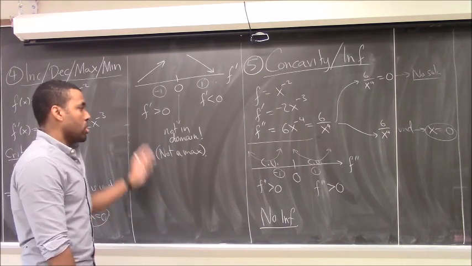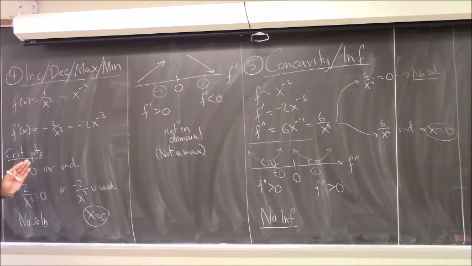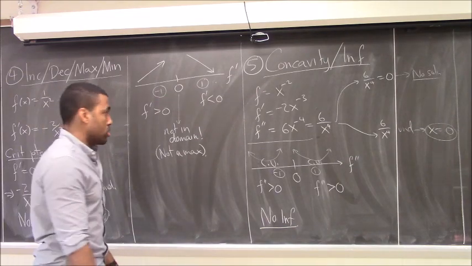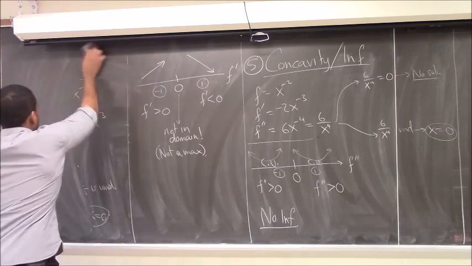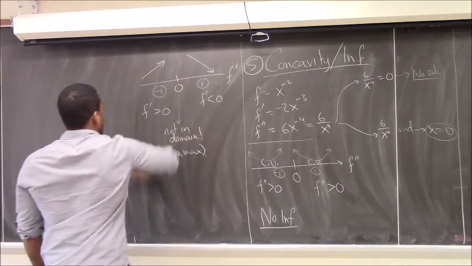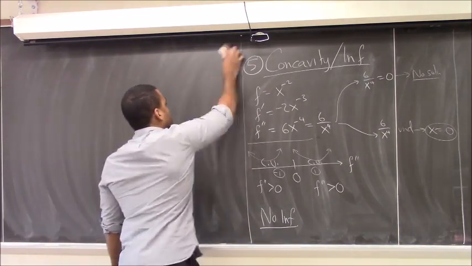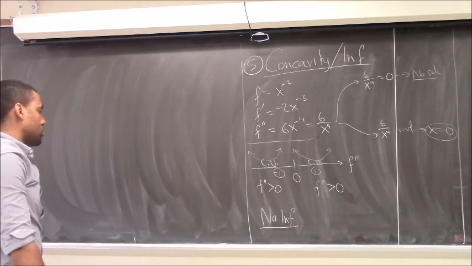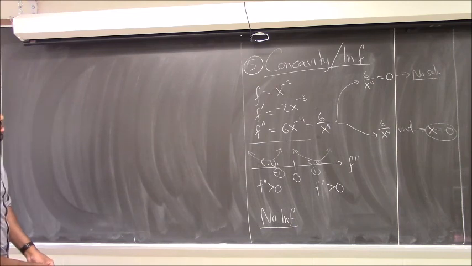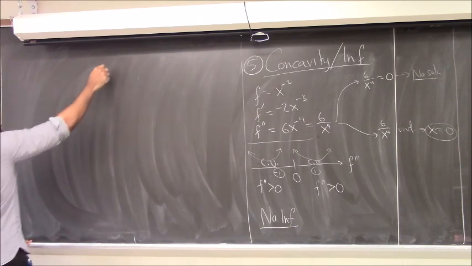So what I like to do is all the information I find through these 5 steps, I'm going to put that all on the axes that I'm going to sketch the graph on. So I don't have to be swallowing too much information all at once. So I kind of summarize it on the axes.